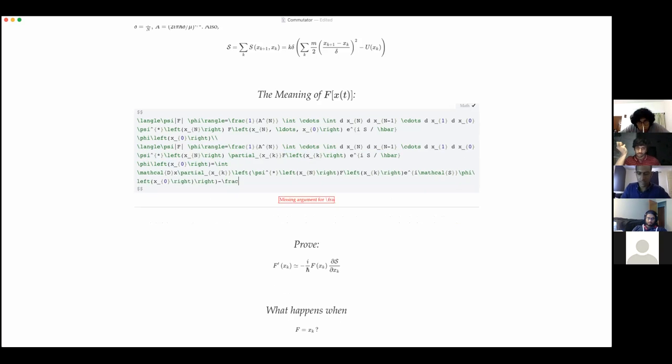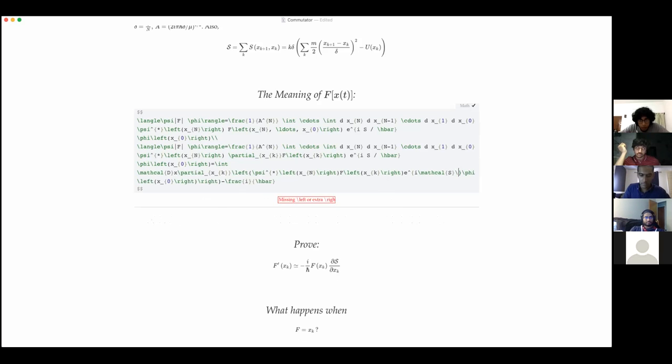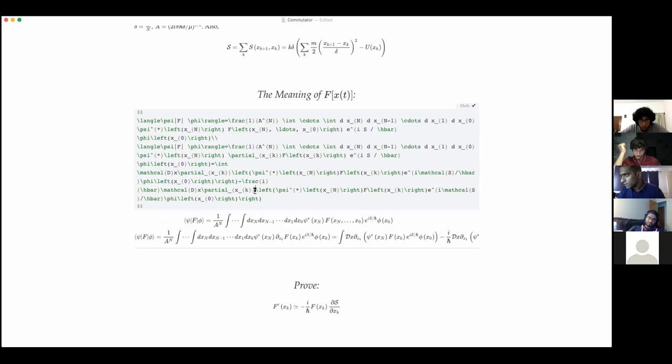We have minus i over h bar, times the partial x_k of S. Let's just copy this. Don't have partial x_k outside. f, S.